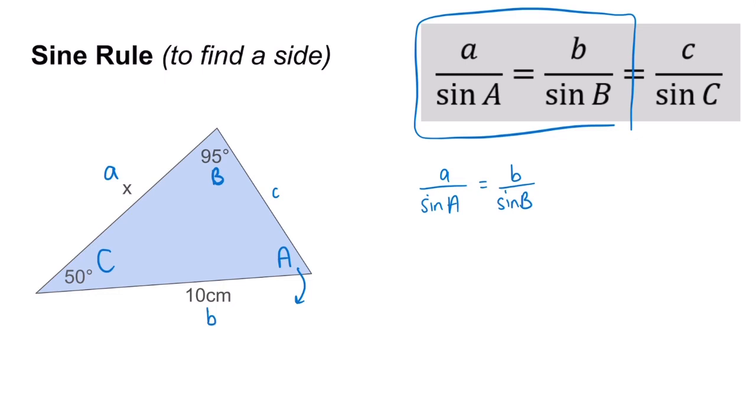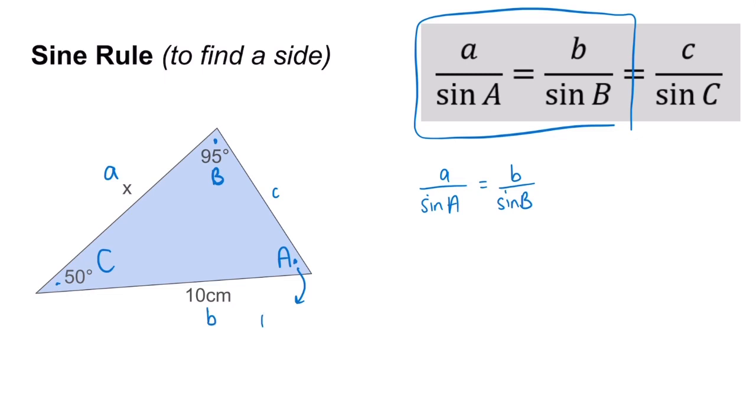If you've got a missing piece, you might have to do some extra steps to work out what that missing piece for capital A is. I know that all three angles in a triangle add up to 180 degrees. That is a rule: any triangle you have, the three angles add up to 180 degrees.